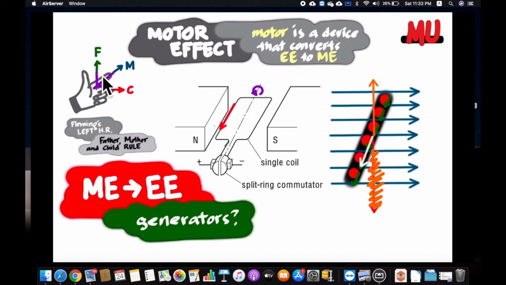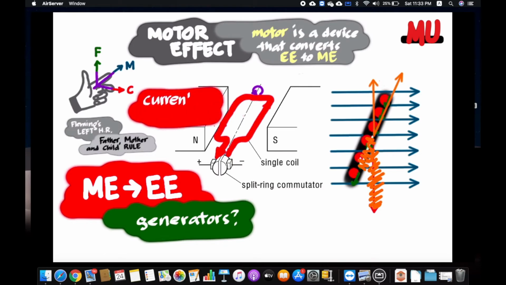The hand rule will tell us that the charges are going to be moved by the force in this direction. And so we have a conventional current at this part of the loop, with the charges moving in this direction. The overall picture, guys, is that we have a flow of charges from here going around like that to here. A current is induced.